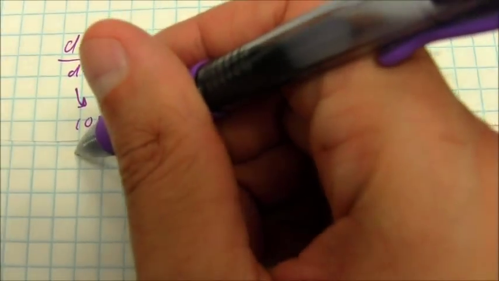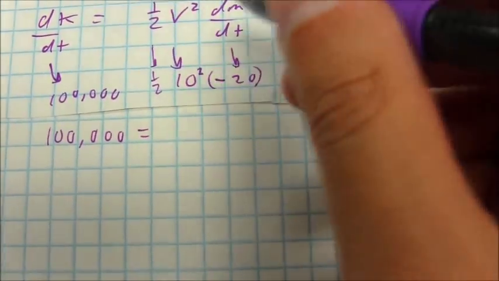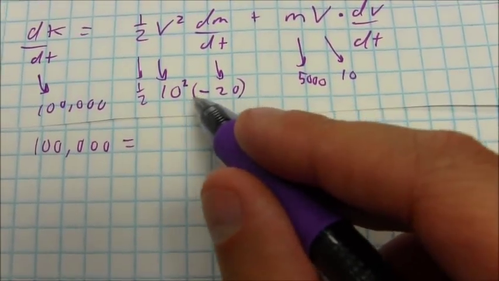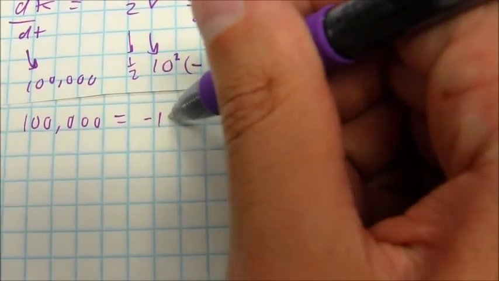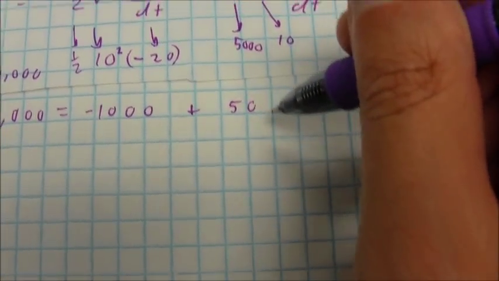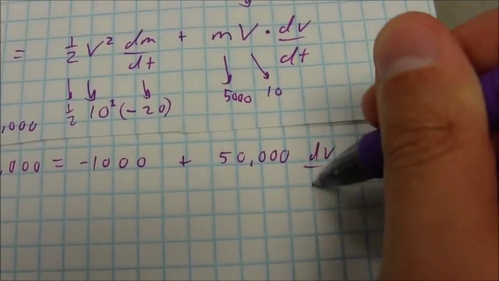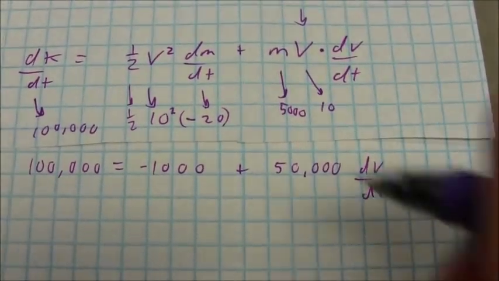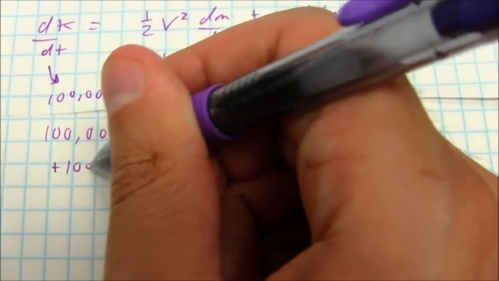So I have 100,000 equals, I'm going to end up with, it'll be times negative 10, that'll be negative 1,000, plus 50,000 dv/dt. I can add 1,000 to both sides here.